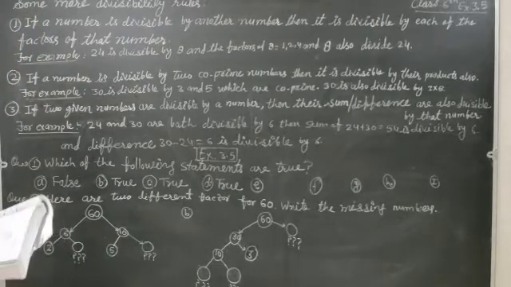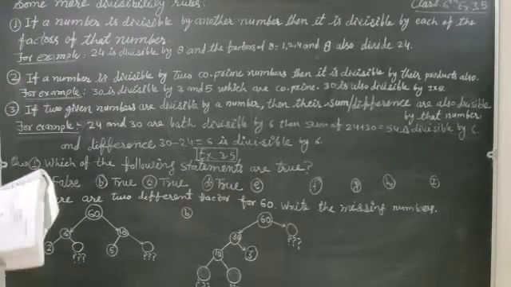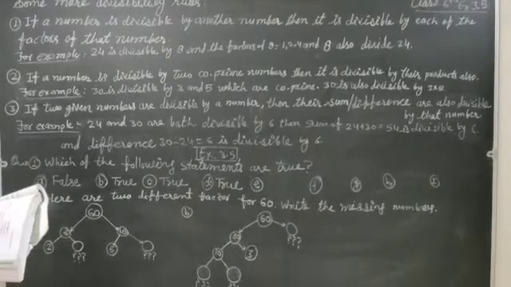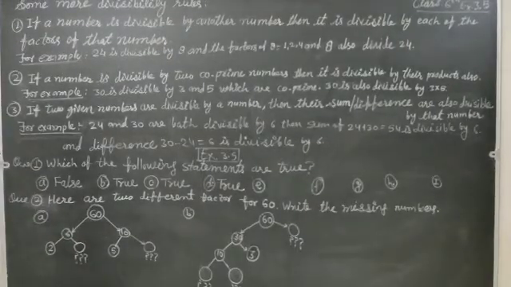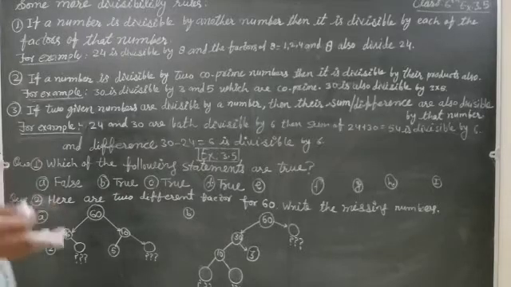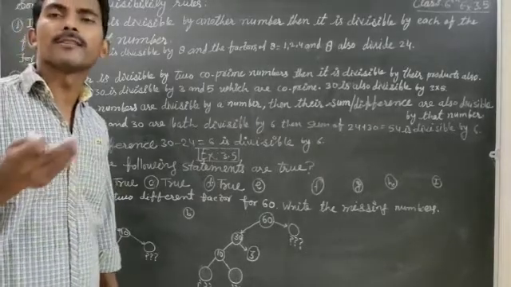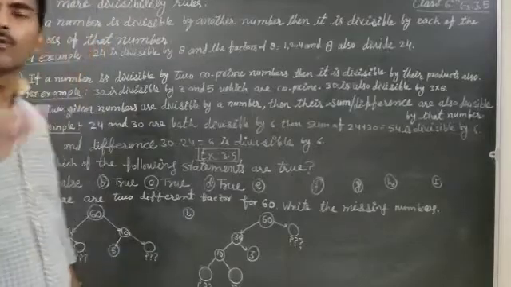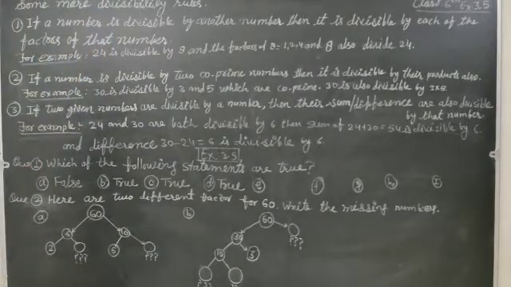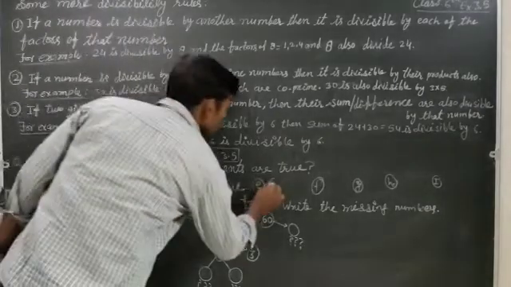But for example, 15 and 4 both are co-prime numbers, but both are not prime numbers. Both numbers 4 and 15 are composite numbers. So this statement is false.